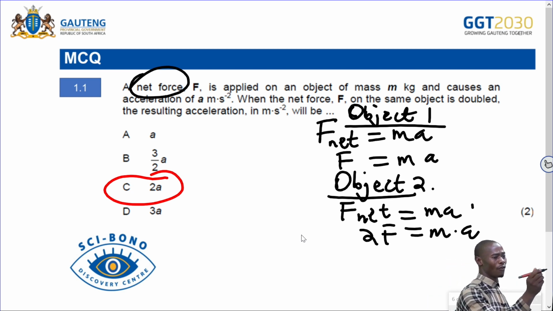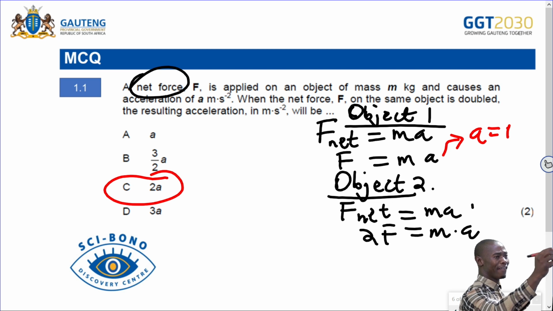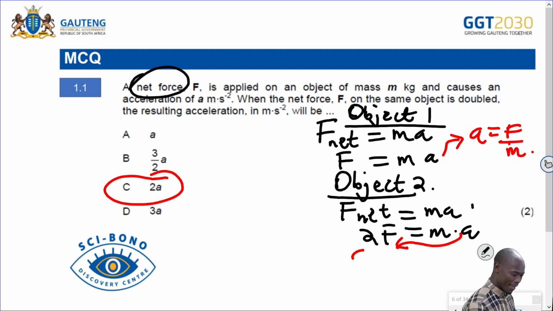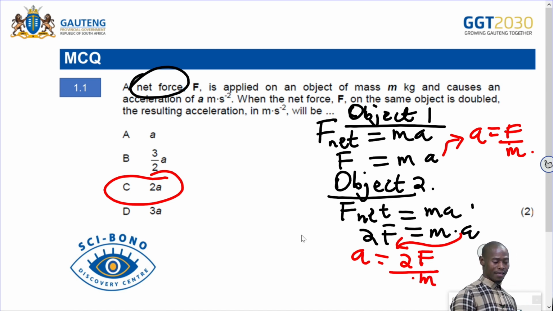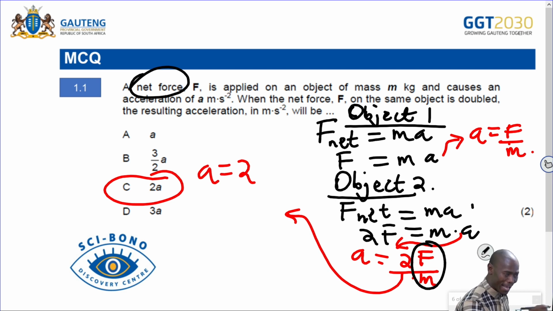Then another thing that you can do. Remember, here we are looking for acceleration. I'm making A the subject of the formula, right? So acceleration will be F over M. Then for this one, A will be twice F over M. Then the new acceleration will be A equals twice F over M. What is F over M?